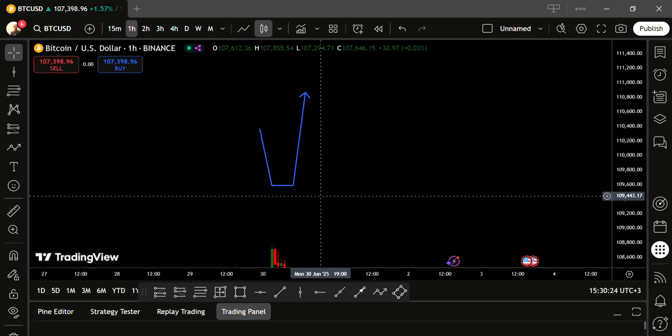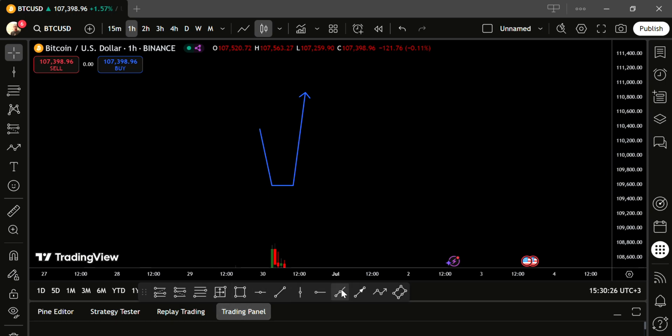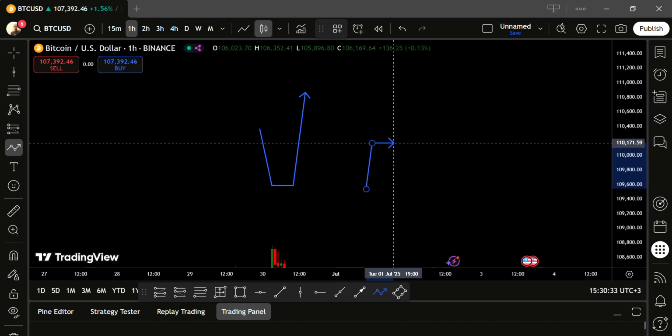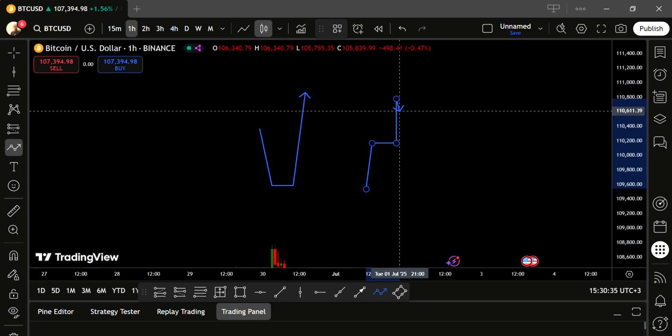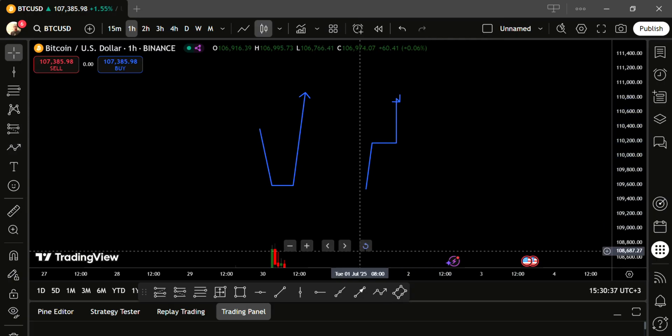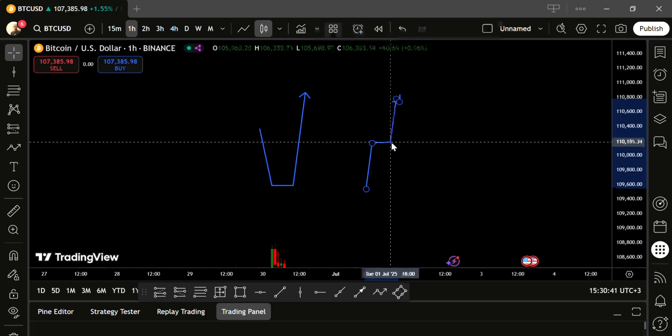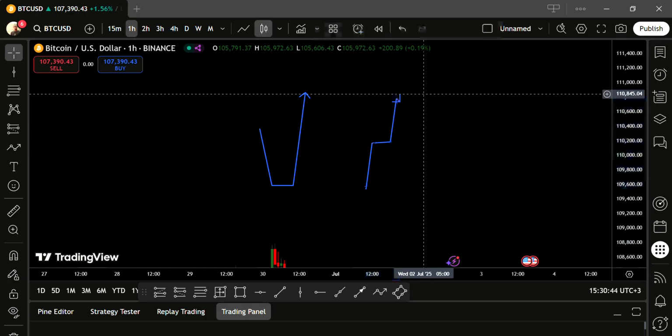That is one setup. The other one is the same that I've been teaching over and over again: rally, base, rally. Price goes up, bases, or takes a break or rests a little bit, and then continues to the upside.